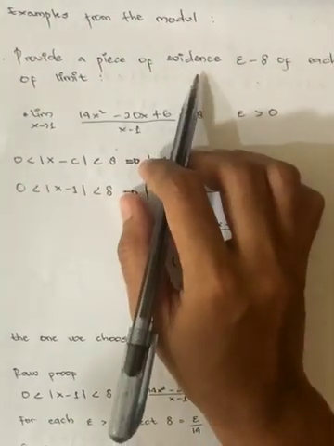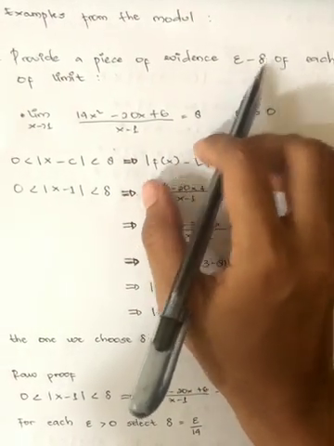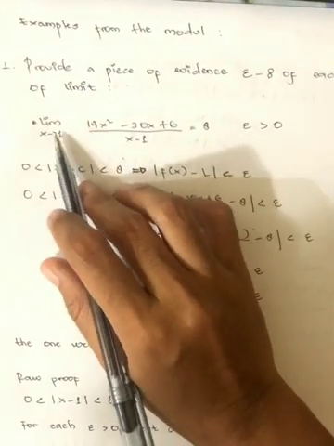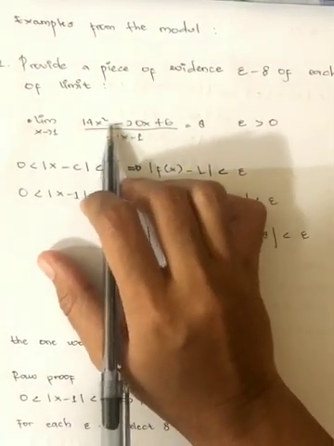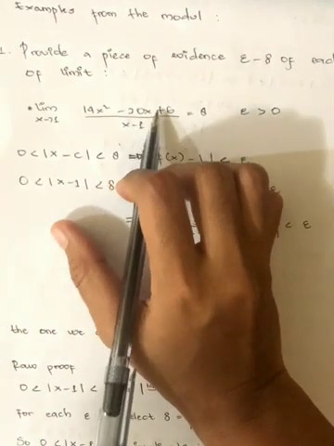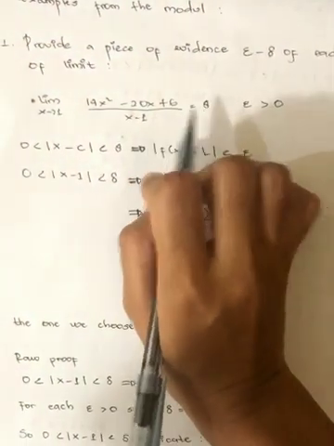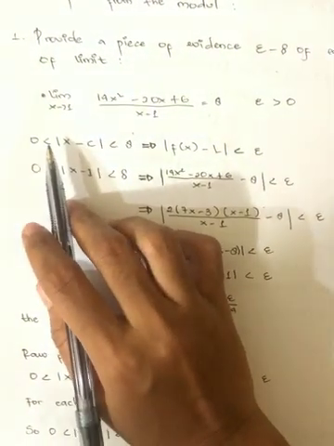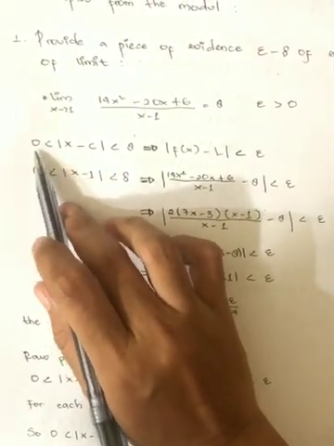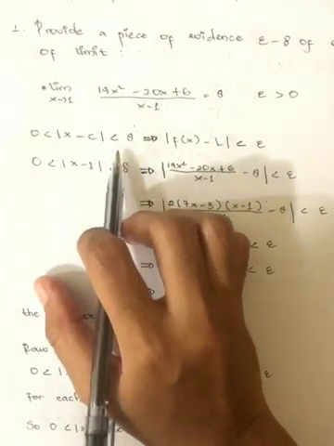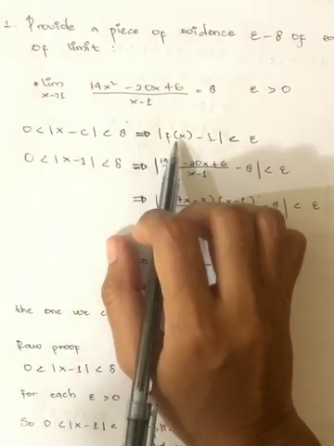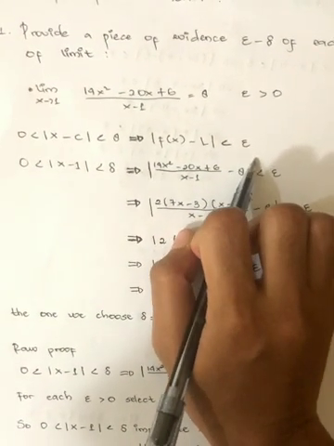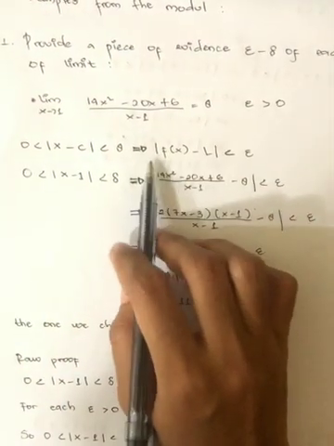Provide a proof using epsilon-delta of the following limit. The first question is: the limit of (14x squared minus 20x plus 6) per (x minus 1) equals 8, as x approaches 1. By using the formula of the in-depth study of limits, 0 less than absolute x minus c less than delta implies absolute f(x) minus L less than epsilon, we substitute.